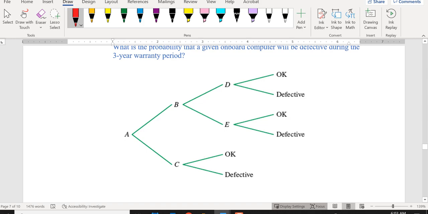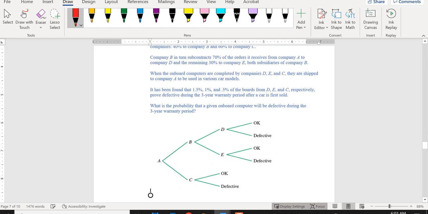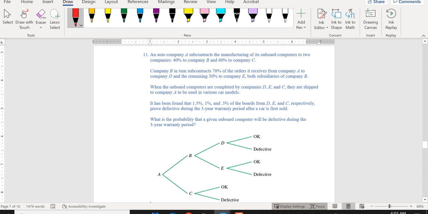Let's get it small so we can see it. Company A subcontracts manufacturing of its onboard computers to two companies, Company B and Company C. So A subcontracts to B, C. It says 40% to B, 60% to C, so this is 0.4 and this is 0.6. All right, we got that.